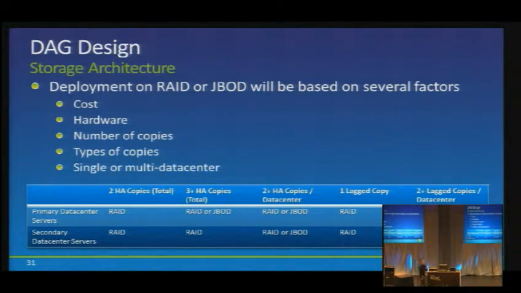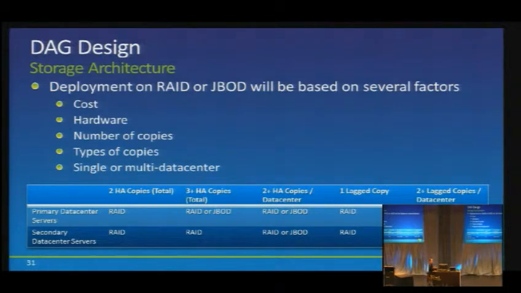We don't think 2 copies is enough copies for you to eliminate the protection that RAID gives you. But if you scale out to 3 or more copies, well, at that point we think it does make sense to look at lower cost storage, to not have to have the redundancy in the storage stack and instead move that into the application stack, since after all it's the application that knows the difference between good data and bad data. And so that could drive you to a JBOD solution.